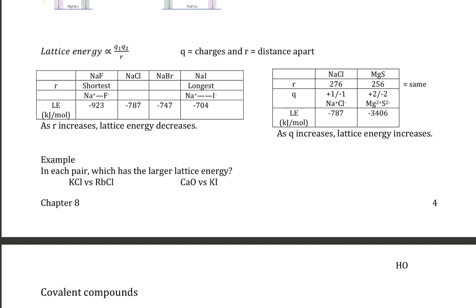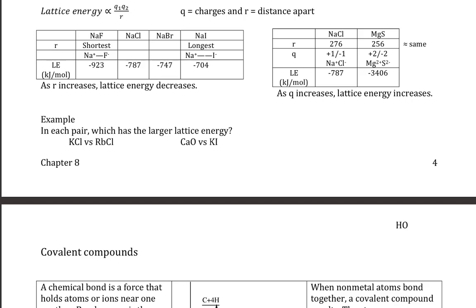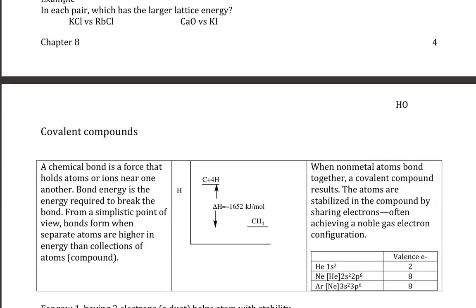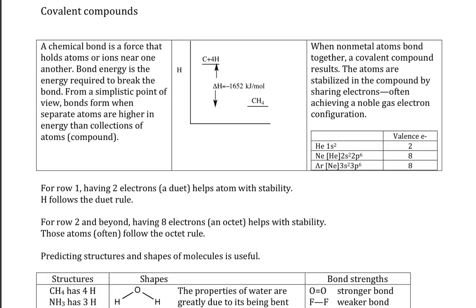So here's another example for you to work at. In each pair, which has the larger lattice energy, just based on what you can determine about the relative sizes and what you can know about the charges based on their structure? Okay, so that's ionic compounds and those energy effects.